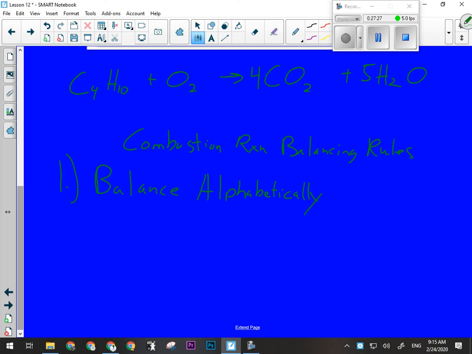So what I have to do instead is put in what I like to call, if you're a Star Wars fan, you'll know where I'm going with this, the rule of 2. If you're not a Star Wars fan, that went right over your head, that's fine. The rule of 2 says if I have an even number of carbons, I start balancing with a 2.